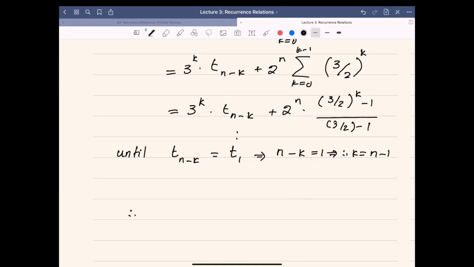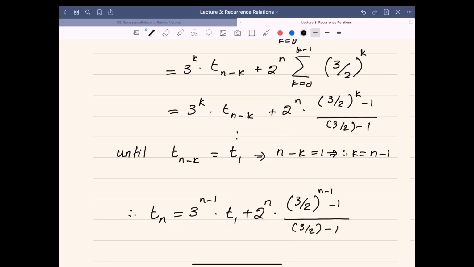We need to substitute the value of k into the equation that we found in this step, because the answer in here is in terms of k, and we need to find it in terms of n minus 1. So we will substitute, and then we will say that Tn is equal to 3 raised to power n minus 1 multiplied by T1, because n minus k will reach the initial value, plus 2 to the power n multiplied by 3 over 2 to the n minus 1 minus 1 over 3 over 2 minus 1.